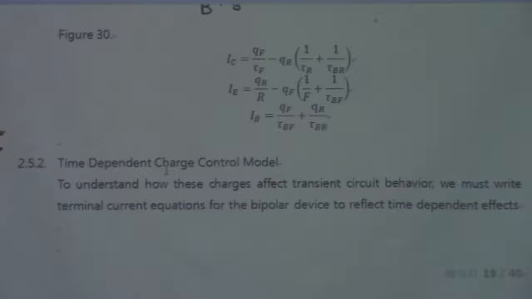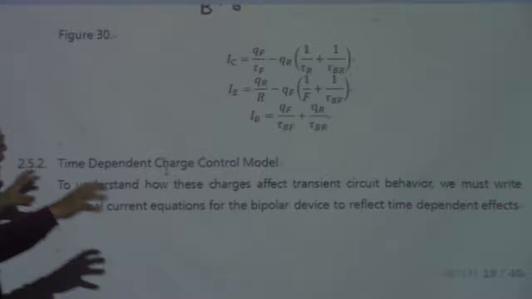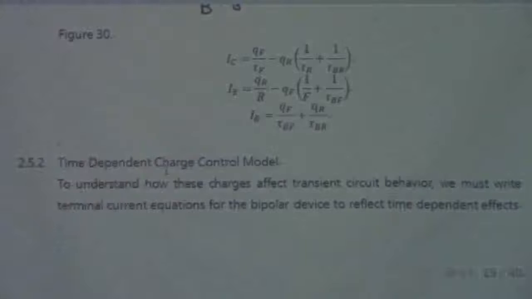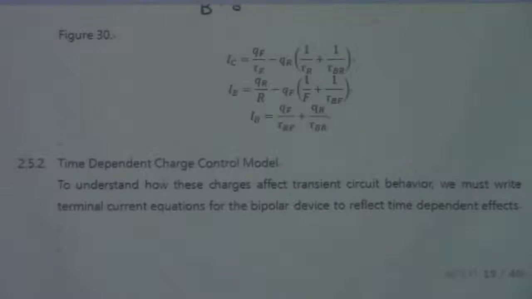So those two charges are going to be added to these DC steady-state charges. This is the emitter base.